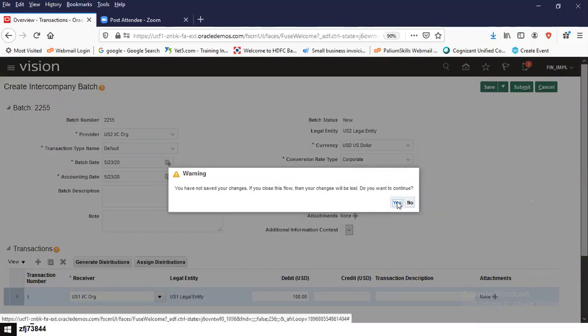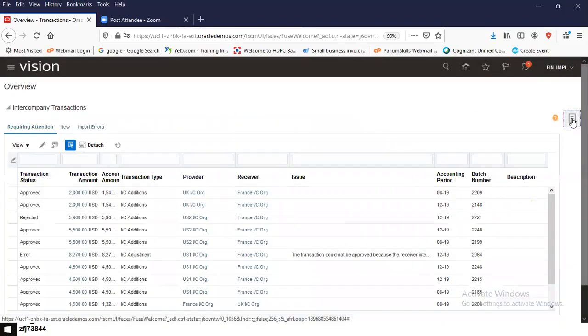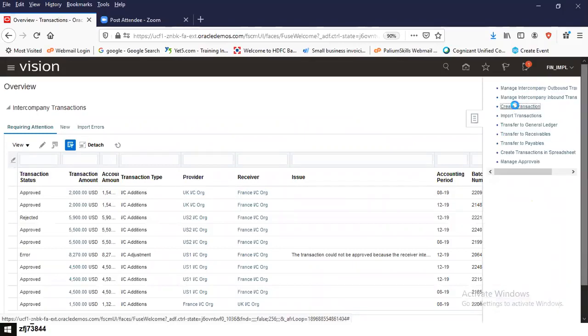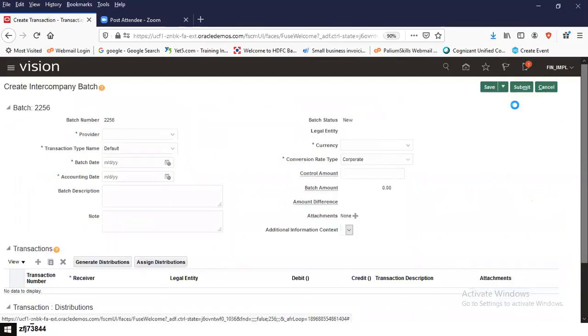I just have to re-enter this one more time. So from that is once again the provider. So let's say we call it US1 Intercompany is our provider.